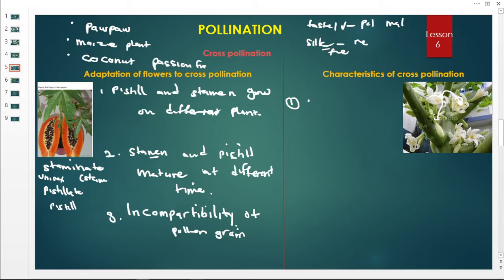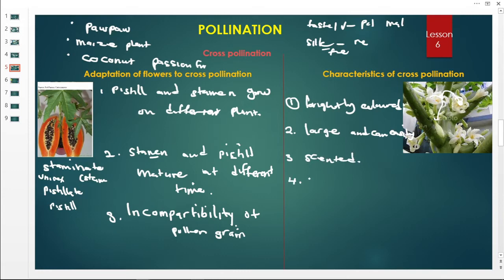One, they have brightly colored petals in order to attract carriers. Number two, they are big, large, and can easily be seen. They are conspicuous, so they are large and can easily be seen in order to receive pollen from another flower. Number three, they are scented, so they produce scent.